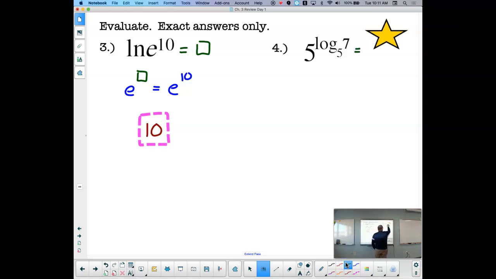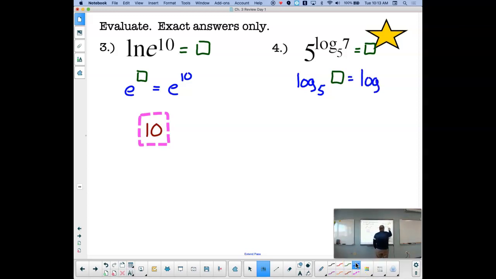Likewise over here, if I set it equal to a box, well, now I'm in exponential, or it's an exponential equation, so I need to switch it to a logarithmic equation. So I would have log, my base is 5, my argument is that box that I'm looking for, and that's going to equal my exponent.